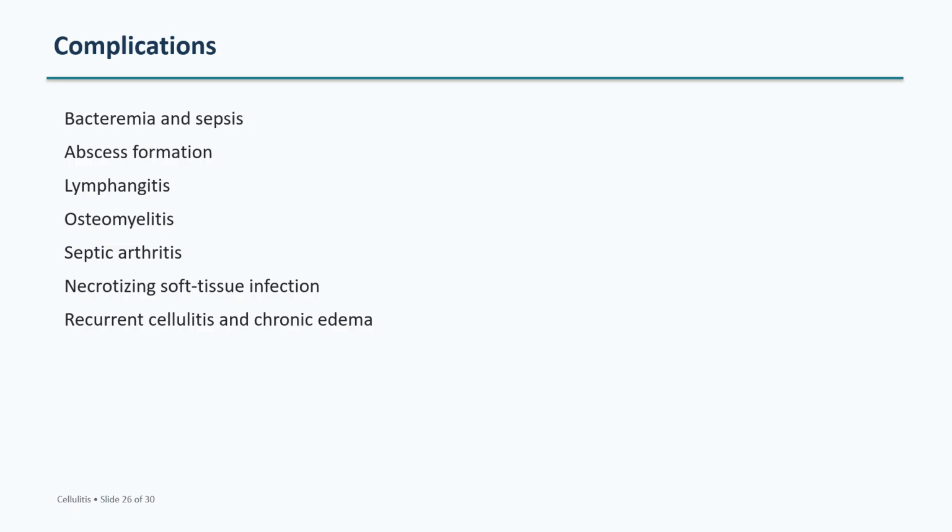After this, we will see what the complications of the disease can be. Complications of the disease means the disease may lead to further problems if not treated properly. The severe complications that can occur in patients suffering from cellulitis are that they can develop bacteremia and sepsis in their body.